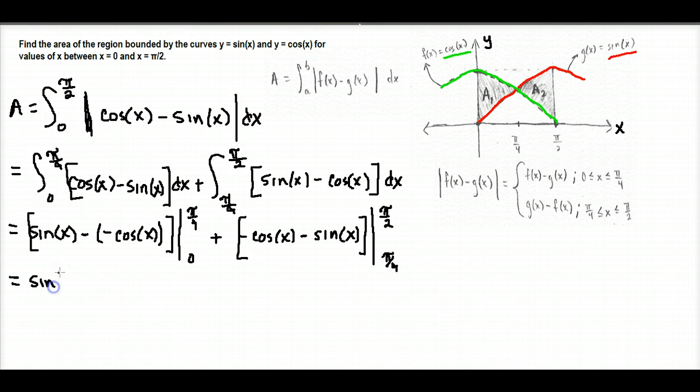So we have sine of pi over 4 minus sine of pi over 4 plus cosine of pi over 4, and then that will be minus, and then if we plug in the zeros here for this portion of it, sine of 0 is 0, and cosine of 0 is 1.